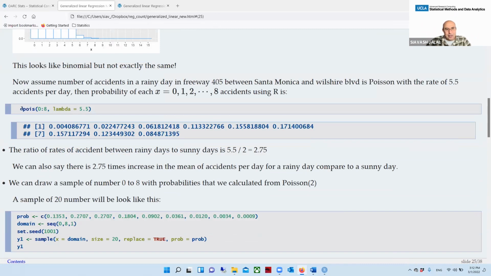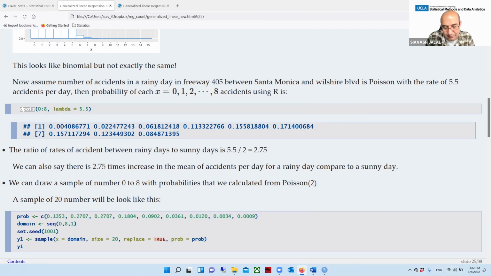So in R, you can use rpois and dpois to get either a random sample from a Poisson distribution, or you can calculate a probability mass function from a Poisson distribution. If you want to do normal random sampling, you do rnorm, right? I put it in the chat.